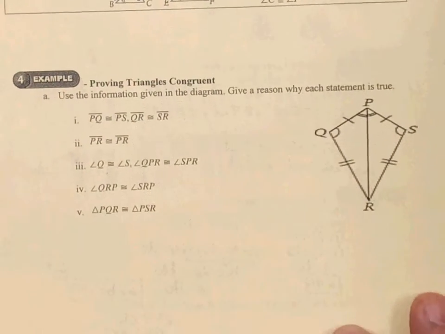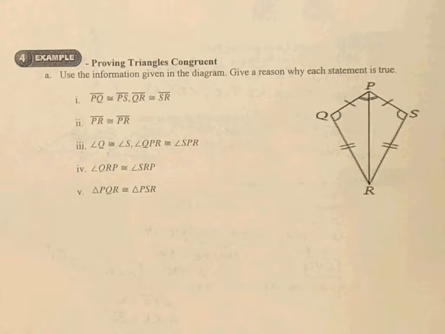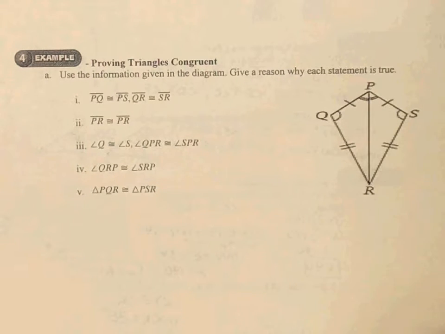Alright, last part. Justifying why each statement is true. So let's use our information that we know from a couple units in the past and all the information we know about what we learned today to figure out how these 2 triangles are congruent to each other.